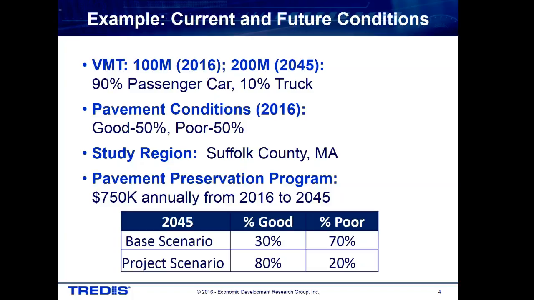However, using this modeling process, if there's an investment of $750,000 annually out to the year 2045, that is expected to improve pavement conditions up to roughly about 80% in good status and 20% poor status.